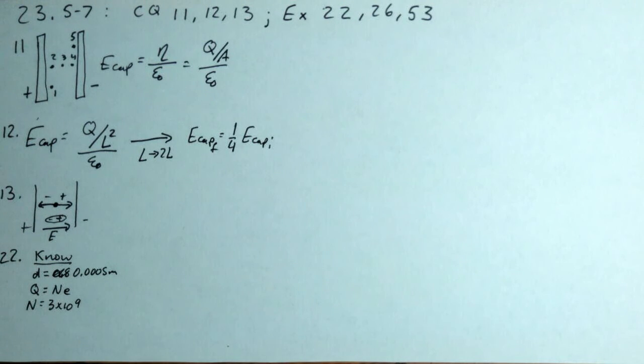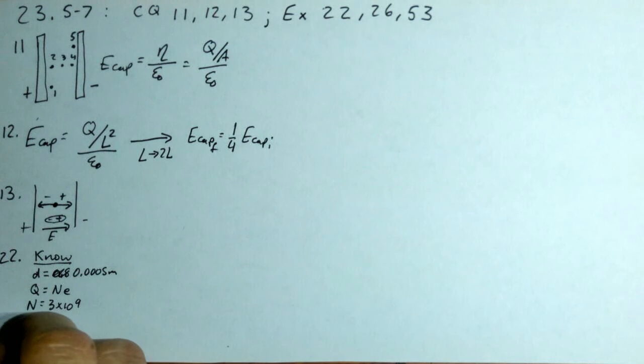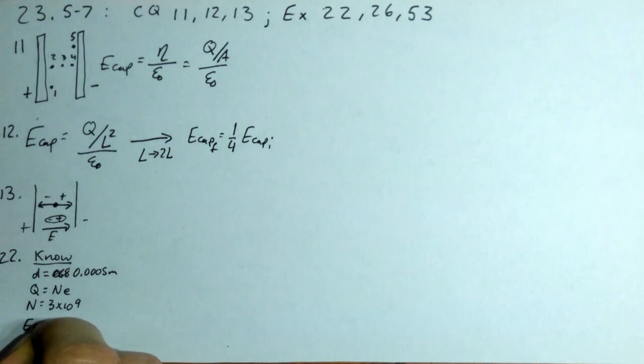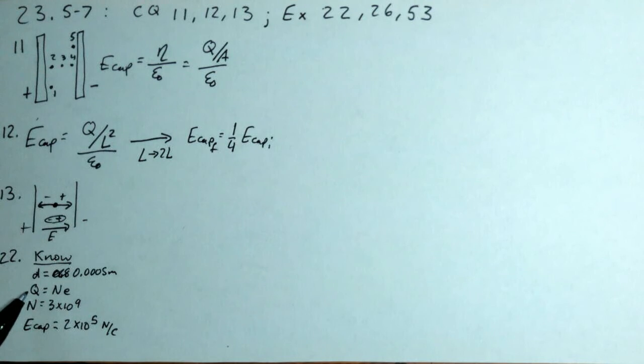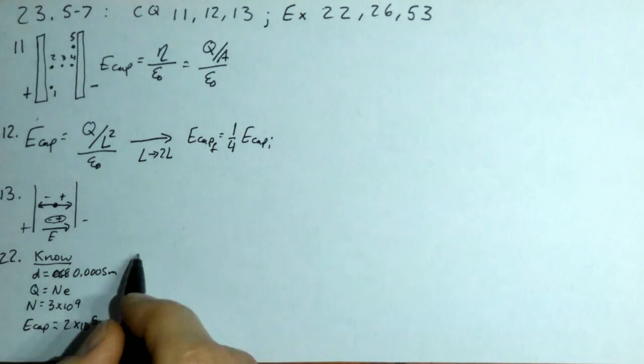Alright? And then we're told that we know the electric field inside, E capacitor, is equal to 2 × 10⁵ newtons per coulomb. Alright, so we know the charge by knowing how many electrons were moved. We know the electric field. We know the gap. We want to find, what are we looking for?